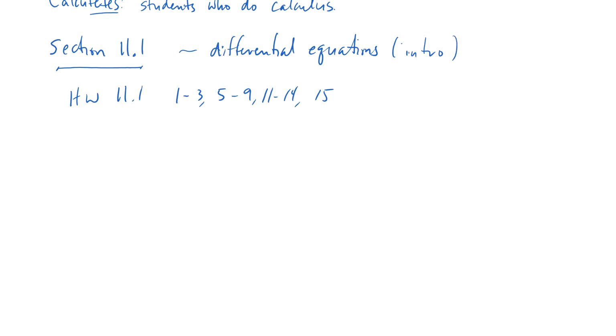I'm going to give you some information without proof or explanation, and then we'll show where it comes from a little bit later. Okay, first of all, what is a differential equation? We've already done them, as you'll see. What is a differential equation?